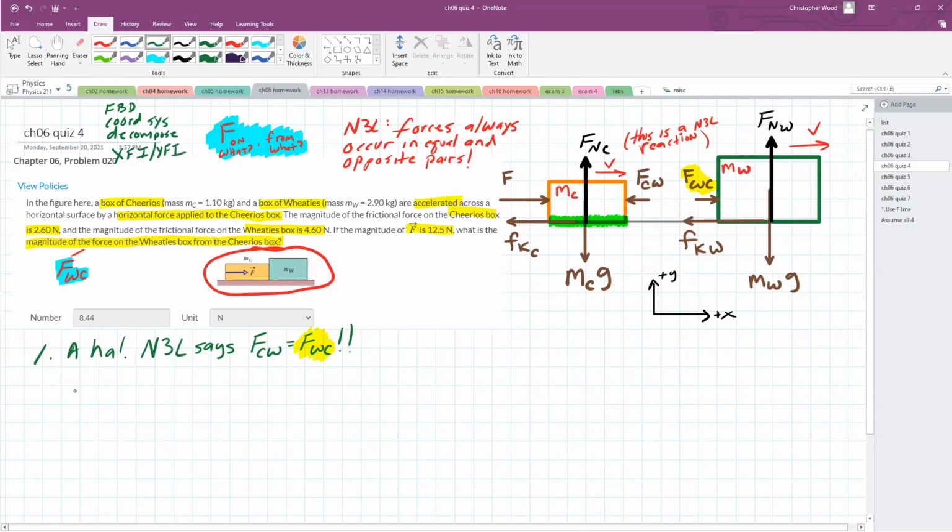Here goes, number 2. I'm going to start on the Wheaties. Look at the Wheaties box, because that's where my dollar sign lives.